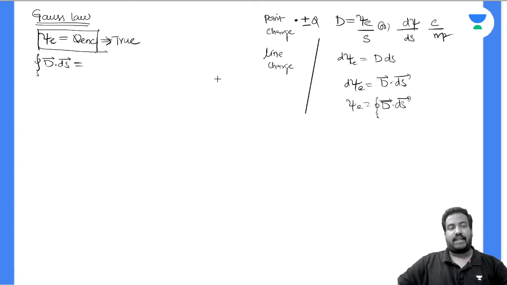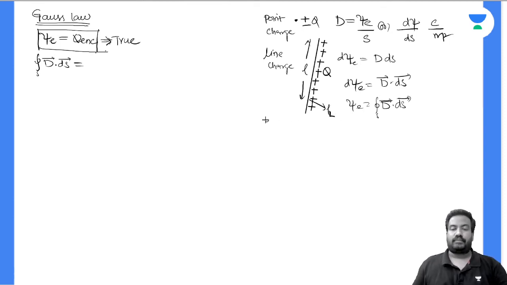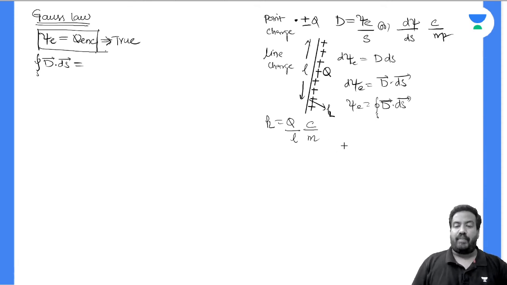If this line has a charge q distributed throughout the line, and the total length of the line is L, then this line has uniform line charge density rho L. It is total charge by total length, in units coulomb per meter.